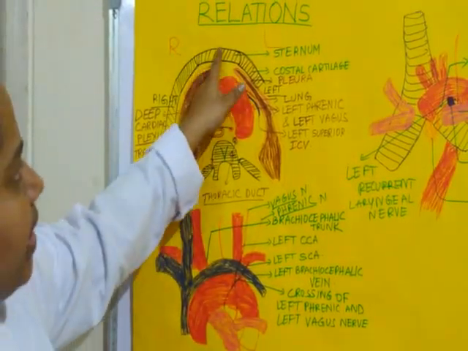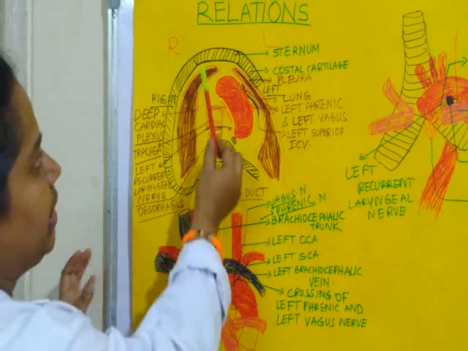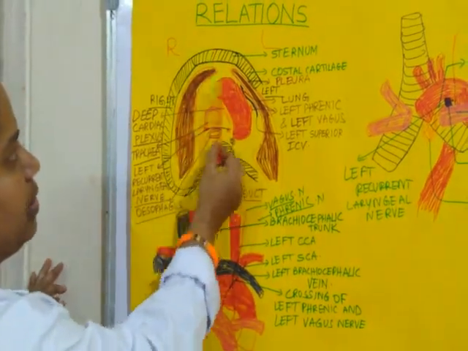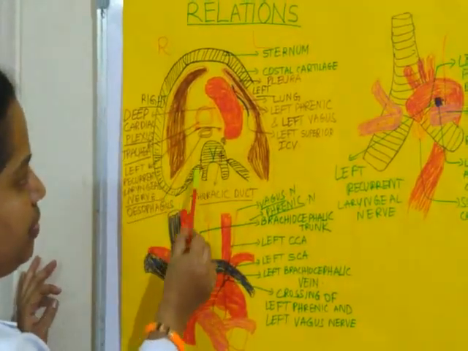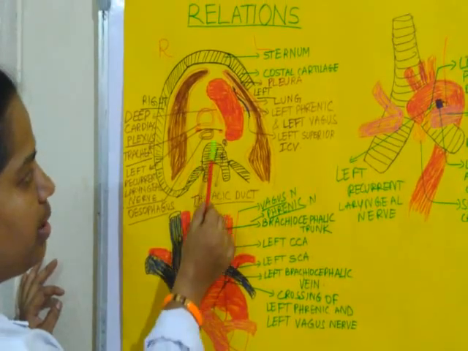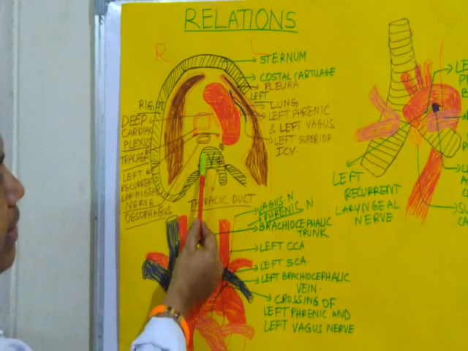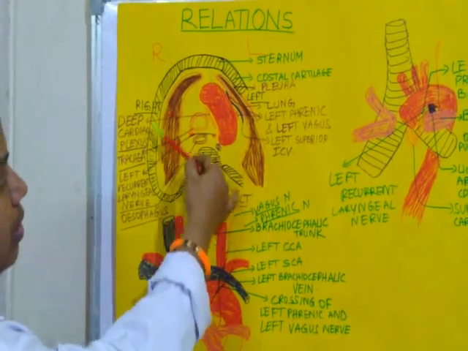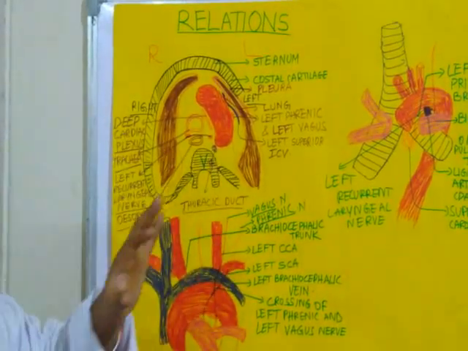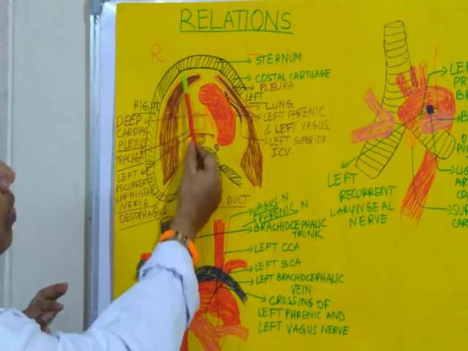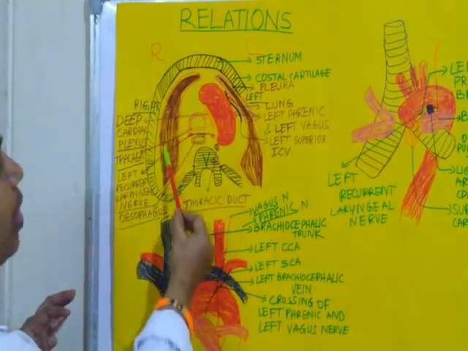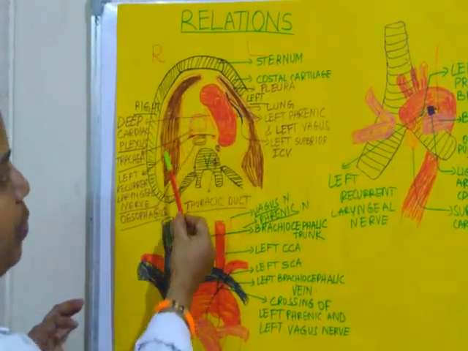Here you can see anteriorly the sternum, manubrium of the sternum. These are the costal cartilage and ribs, and posteriorly you can see the thoracic vertebra, fourth thoracic vertebra. In the thorax, on either side we will see the pleura with lungs. This is right pleura and right lung.